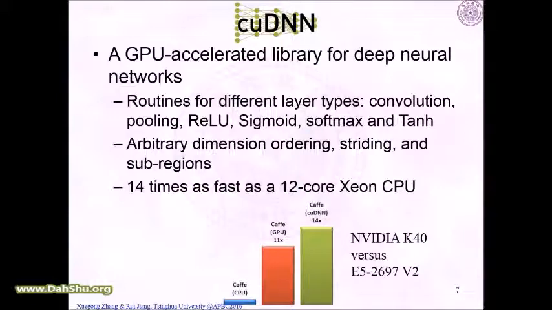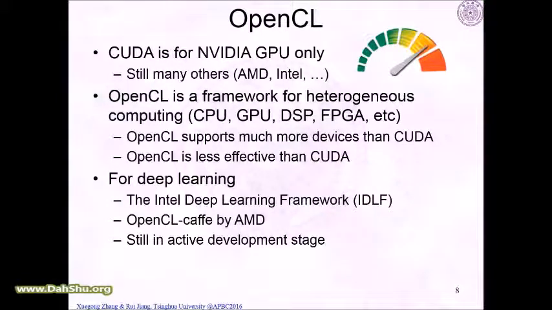And with this GPU, we can see the speed is 14 times faster. CUDA is only for the NVIDIA GPU, which is only one producer of GPUs. There are other companies producing GPUs, and OpenCL is a platform that works with all types of GPUs. So you may want to use that.